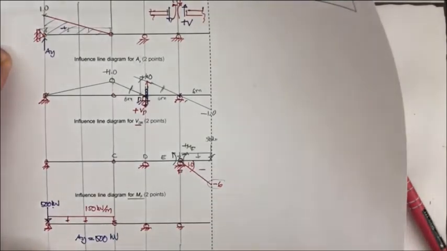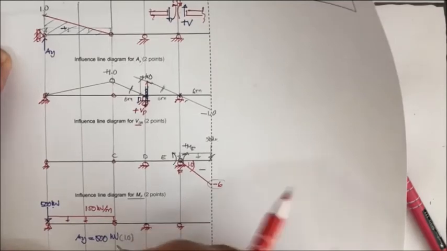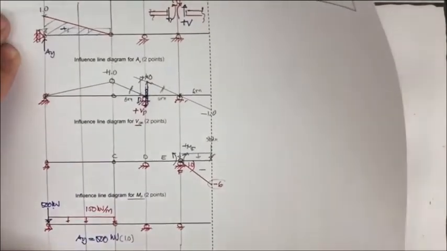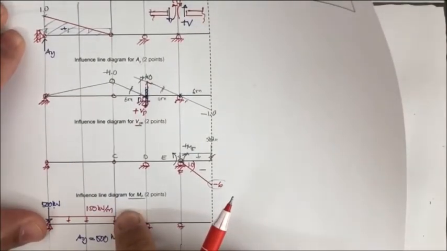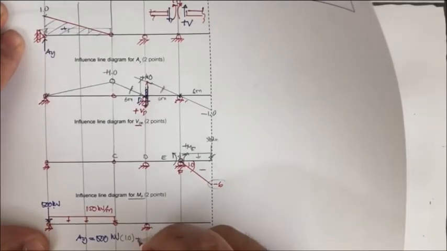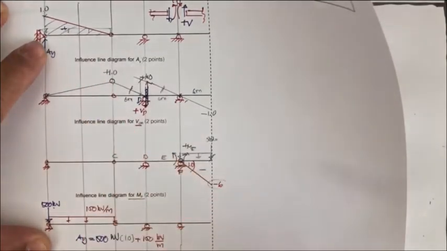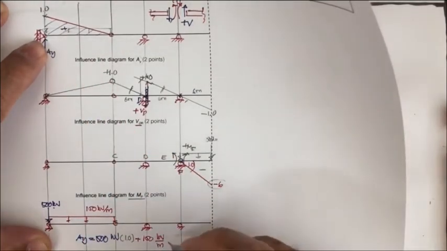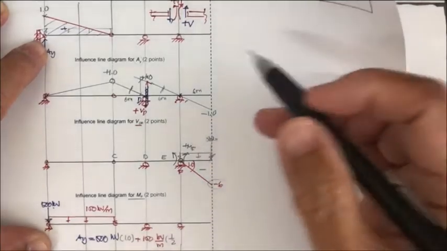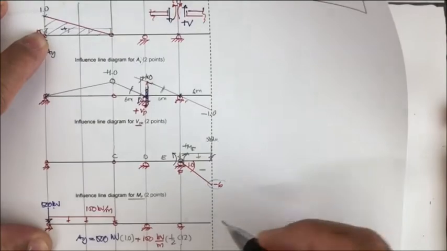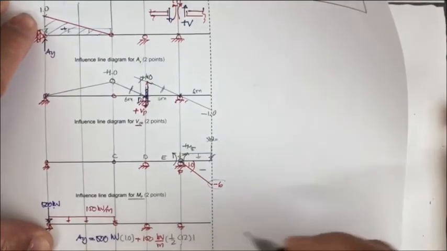And then you have 150 kilonewton per meter, and it's going to be times this area. It's going to be times 1/2 of 12 meters, times 12, and then times 1.